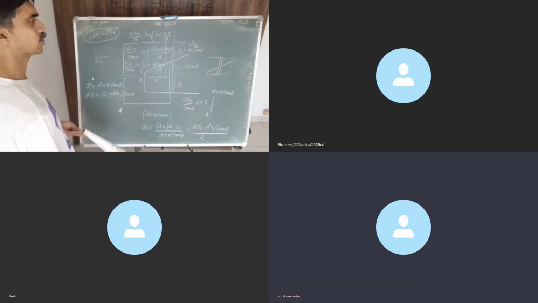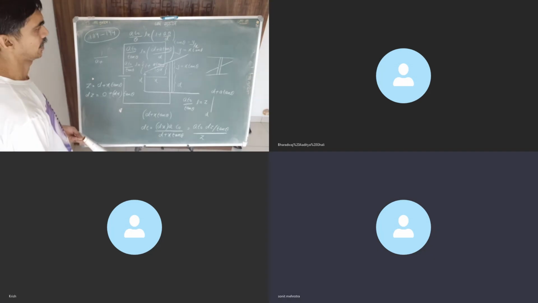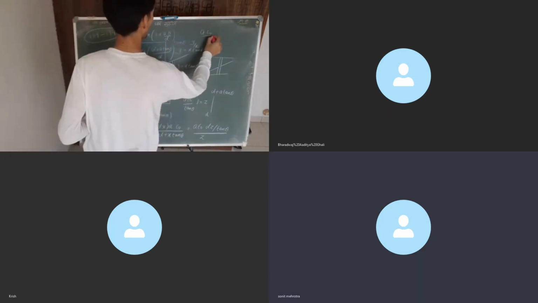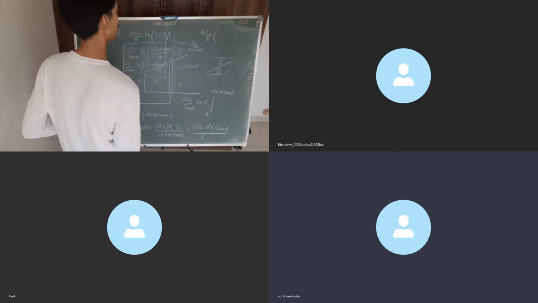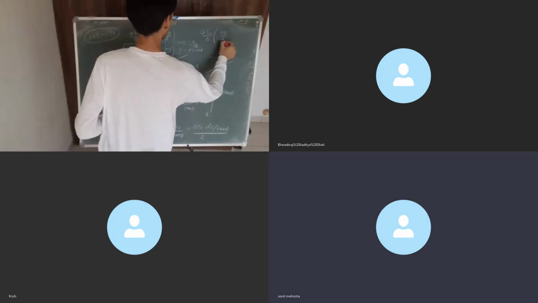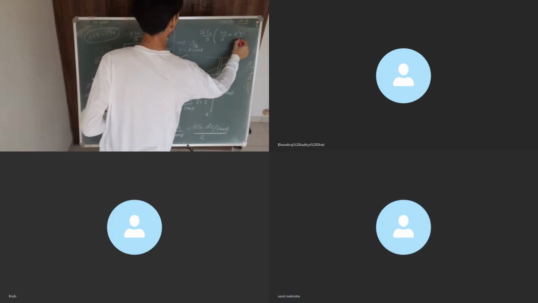Neglecting the higher order, it's x minus x squared by 2. So A epsilon naught by theta, x minus x square by 2. X will be A theta, and plus A theta by d, A theta square by 2d, correct?